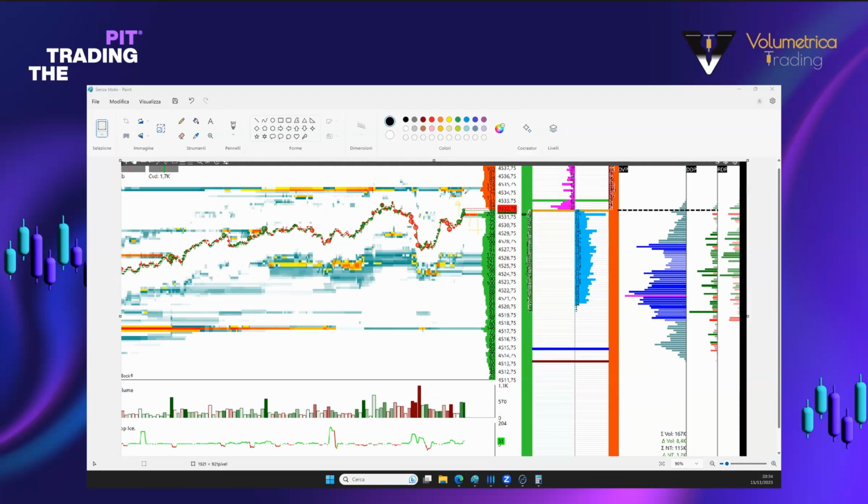In the very same meanwhile, this liquidity is weakening. It's still there, but it shows like it's slowly weakening a little bit.